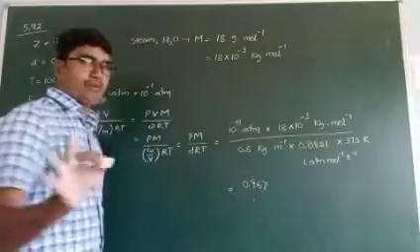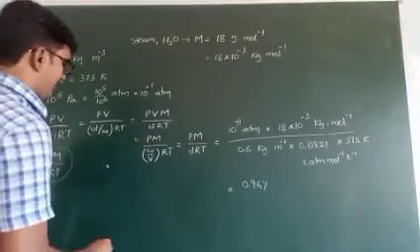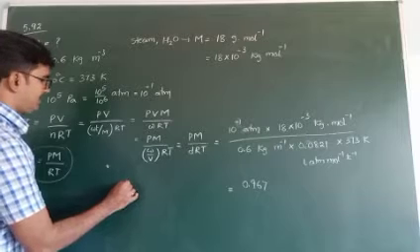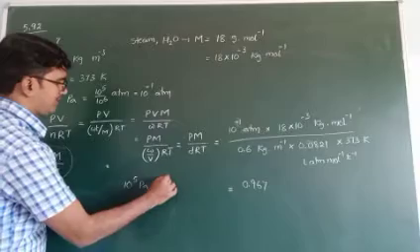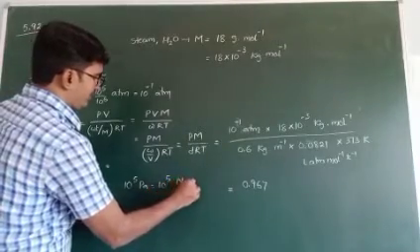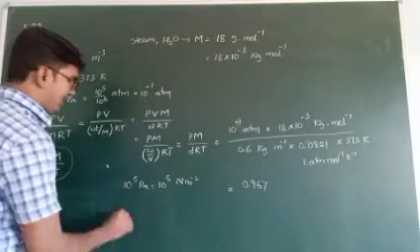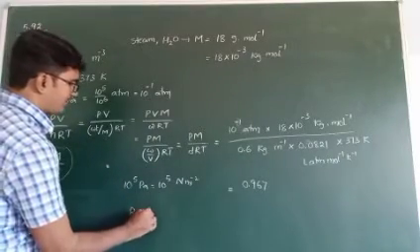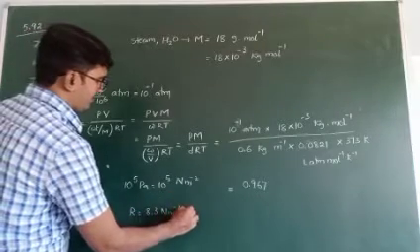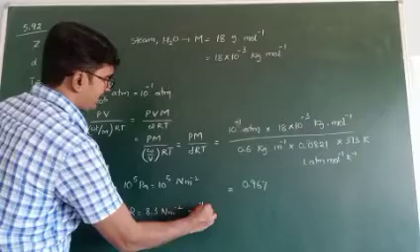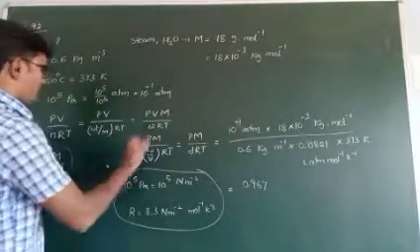But remember, this value is given in Pascal, where 1 Pascal is equal to 1 Newton meter power -2. And the R value is also present as 8.3 Newton meter power -2 mole inverse Kelvin inverse. Remember these unit conversions also.